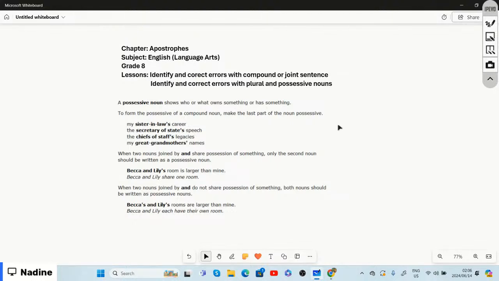And our lessons for today are to identify and correct errors with compound or joint sentences, and to identify and correct errors with plural and possessive nouns.